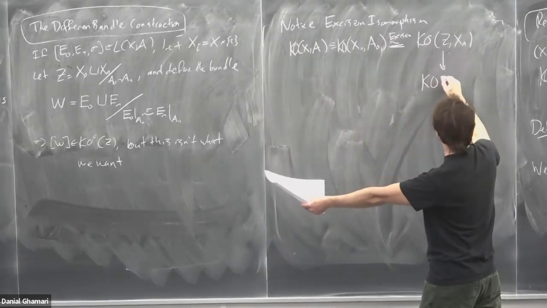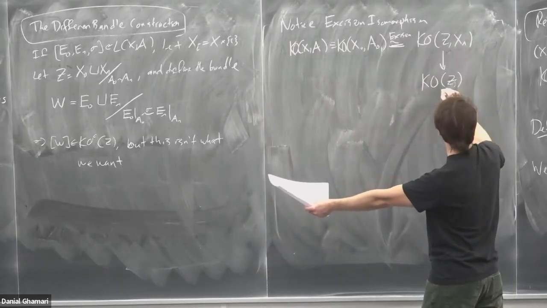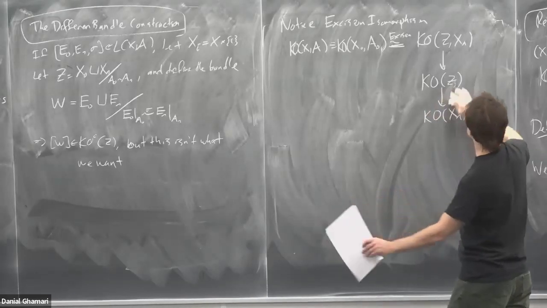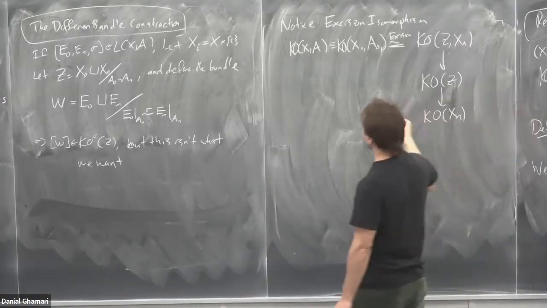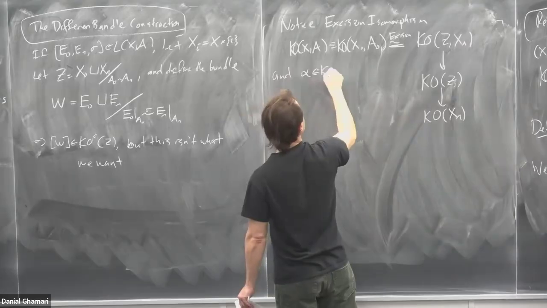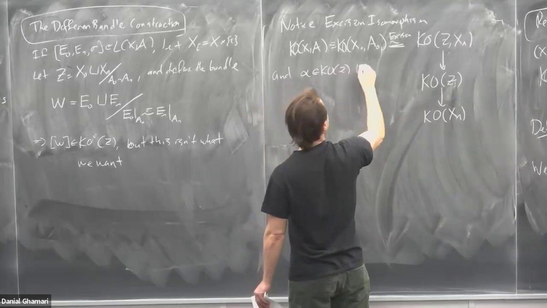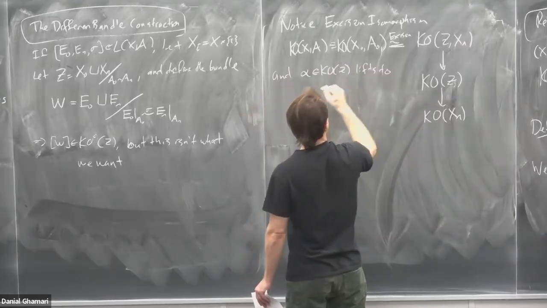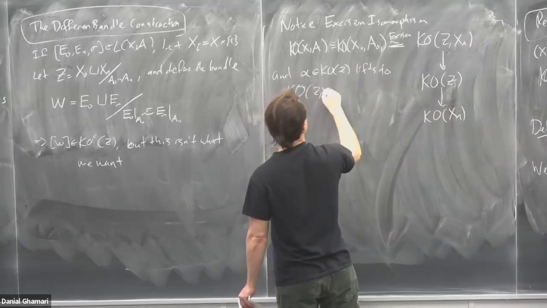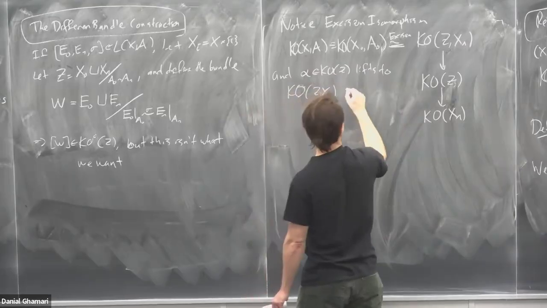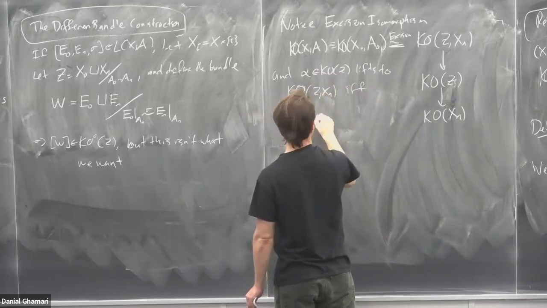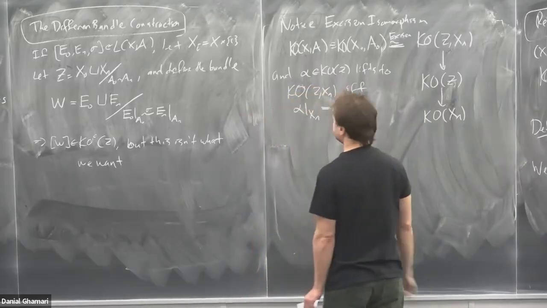Well, there's an exact sequence of a pair. It goes through the K theory of Z down to the K theory of X1. So alpha in KO of Z limits to its pair KO of Z comma X1 if and only if the restriction of alpha to X1 is 0.